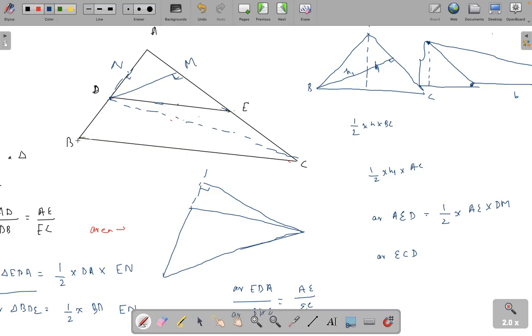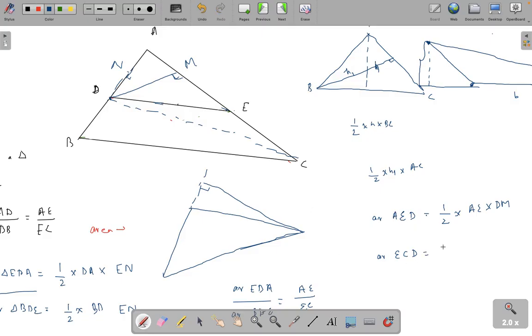Yeah, you can name it anything, as long as it forms a proper triangle. So ECD, DEC, or EDC, you can name it anything.